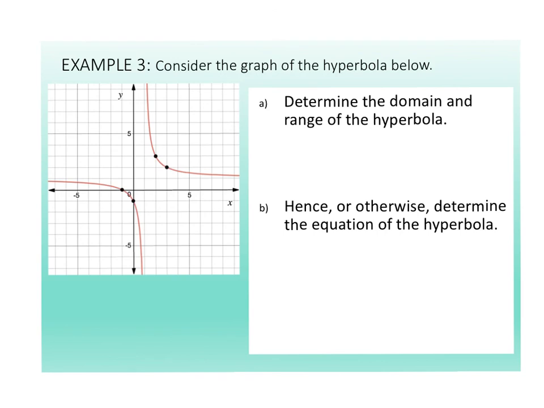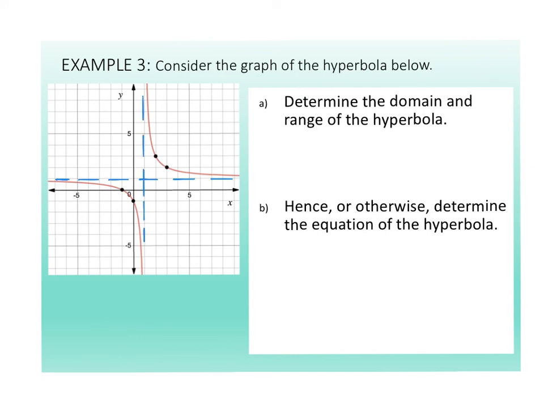Here, I've got a hyperbola. You can see that it has been translated. It possibly has been dilated, but we are not sure. So the first thing we need to look at is the asymptotes. The horizontal asymptote is actually this line here, and the vertical asymptote is actually this line here.